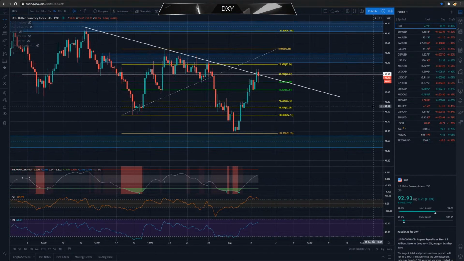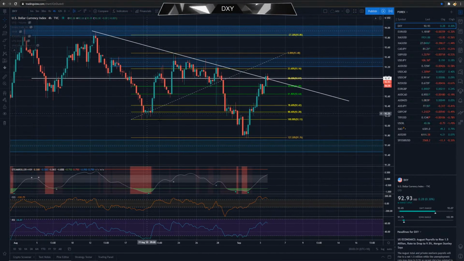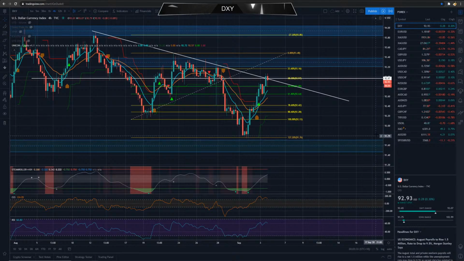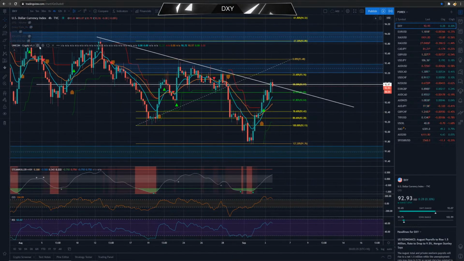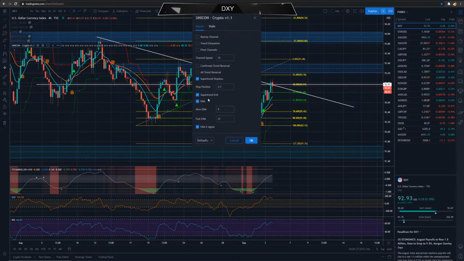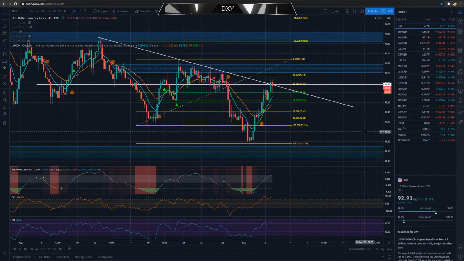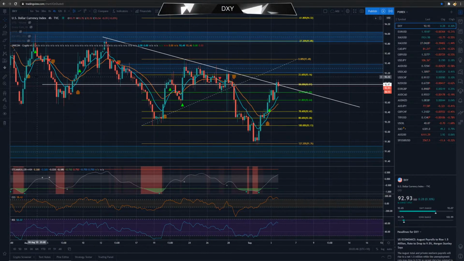Yeah, and funnily enough, when we first made Unicon, which is our first major indicator, we were making it with the intention of trading it on Forex. So that was the major premise to begin with. And then it adapted towards crypto, and then we found a pretty healthy medium between the two.